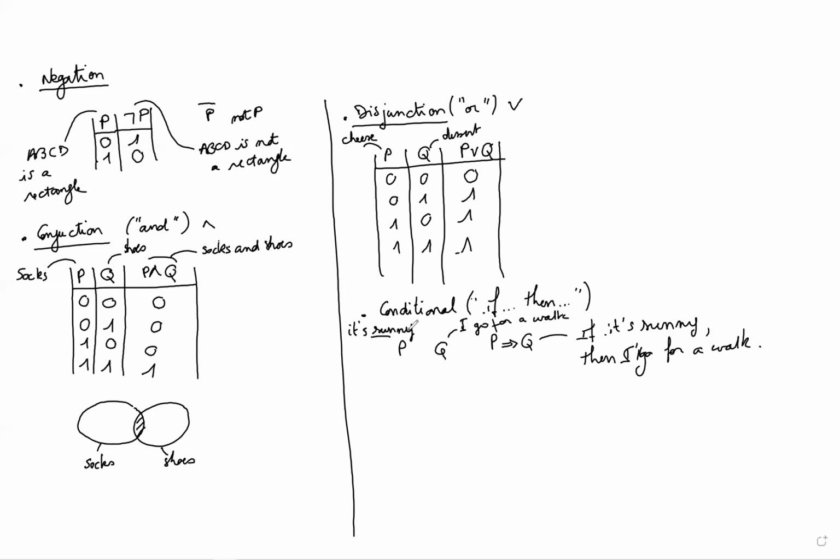Let's see what happens here. This is a little bit more difficult. I'll keep the same order in my zeros and ones in order to be able to compare it to the other truth tables.